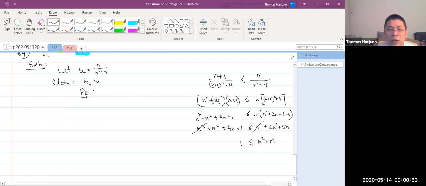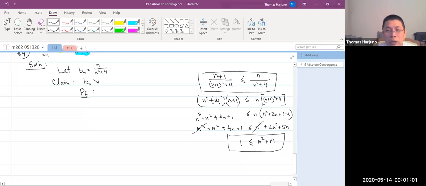Now, for this to be true, I need to start from here. This is my scratch work, by the way. So I'm supposed to first say that 1 is less than or equal to n squared plus n. Therefore, this is the art of proving this thing, less than or equal to n cubed plus 2n squared plus 5n.